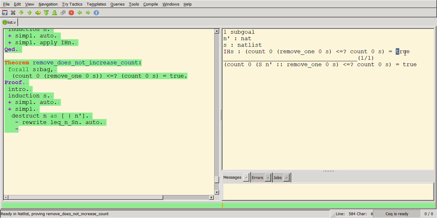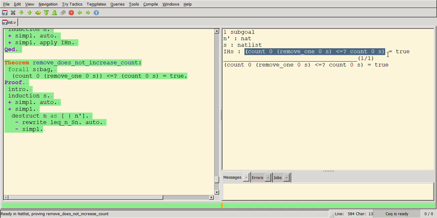Remember that we have true here, so this true can be replaced with this expression, but that may not take us to the subgoal in an easy way. So let me first try simplify, and if we get some familiar shape of this conclusion, then we may be able to rewrite the inductive hypothesis in a better way. Let me simplify it. Okay, so after simplification we got exactly this expression.